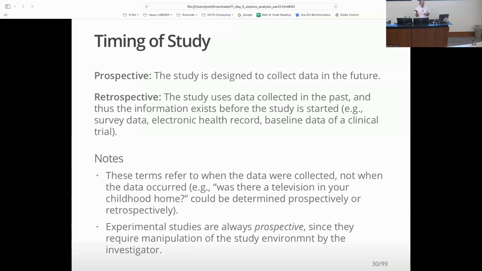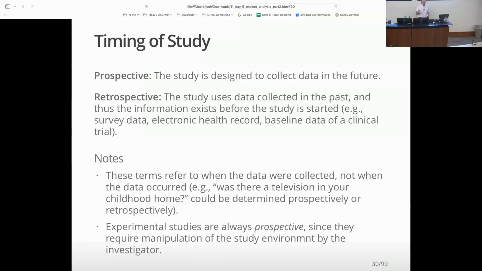That's a prospective study, because it could be a 70-year-old, so the television was in their home 60 years ago or something like that. But you're collecting the data after you've designed the study and during the study process.